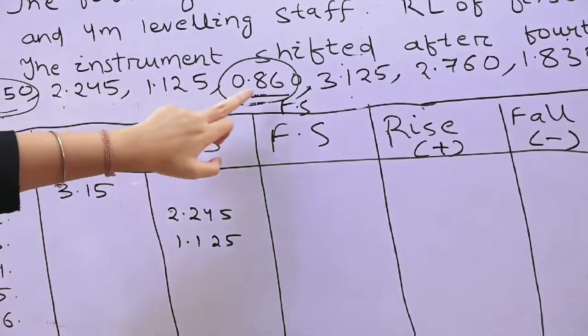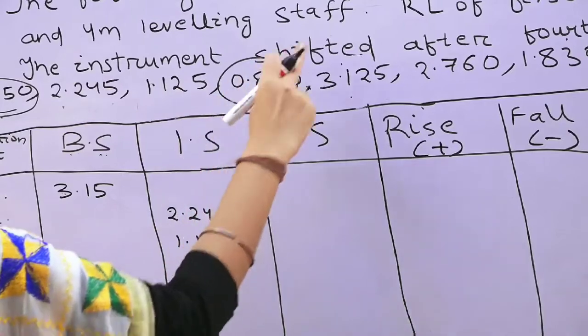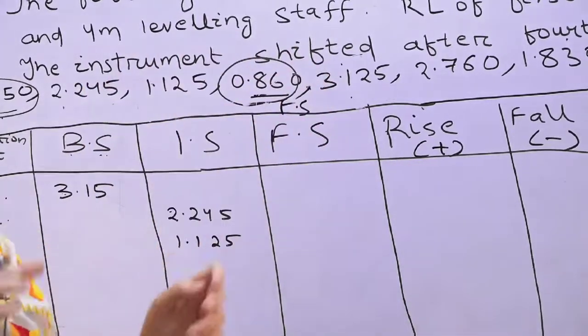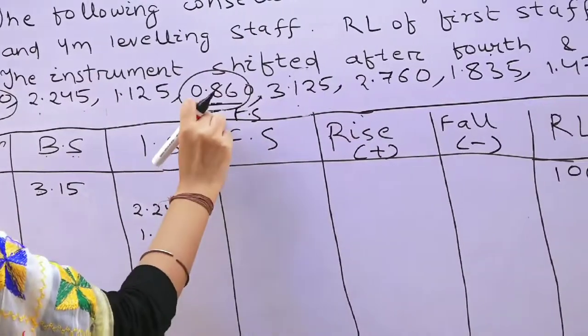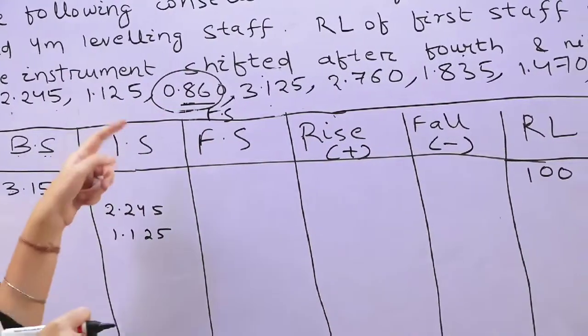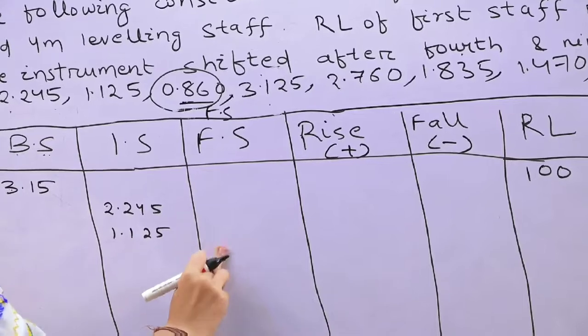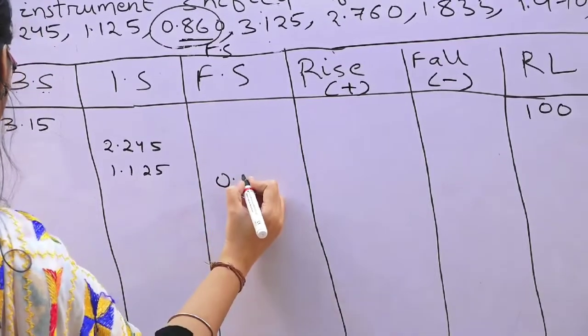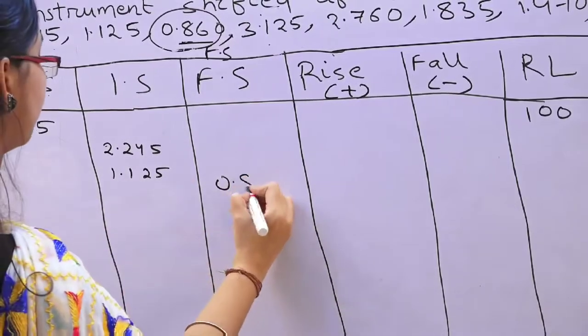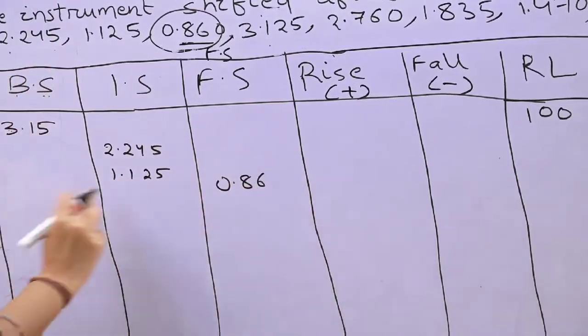And as the instrument shifted after the 4th and 9th, this staff reading is called the fore sight reading, so we write here 0.86 at the 4th number.